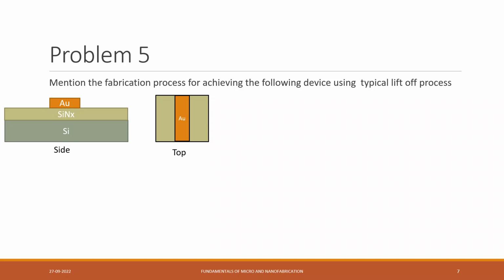Okay, let's go to the answer then. Let's start with the side view only. Essentially we will have the steps that we discussed in the last one. First we will start with RCA cleaning, so essentially we will only have a silicon wafer.